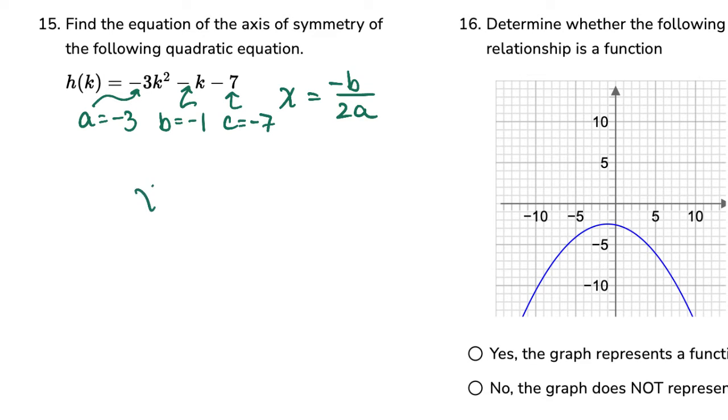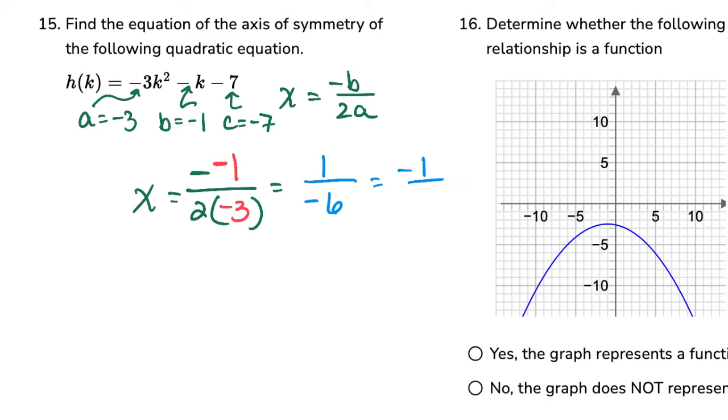Okay, so the formula for the axis of symmetry, the opposite of B, and B is -1, over 2 times A, and A is -3. Let's see here. Double negatives, and 2 times -3 is -6, so I'd probably put the negative on top. So x equals -1/6.